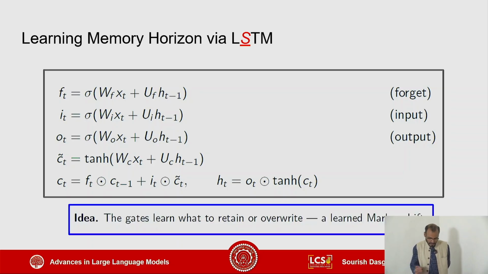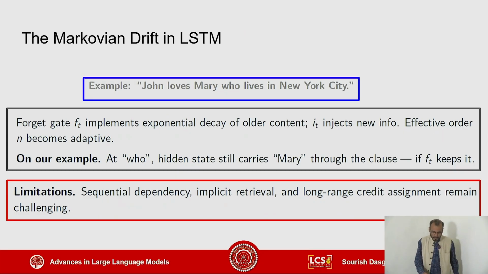So basically the gate learns what to retain or overwrite, and it leads to a learned Markov drift, right? The Markovian drift in LSTM, if we look at it with this example: let's say that at the word who, the hidden state still carries Mary through the clause.